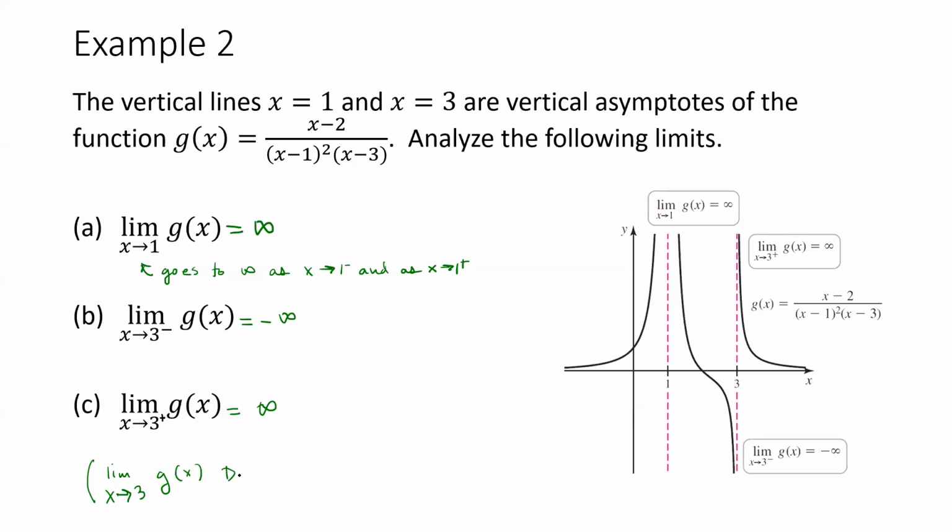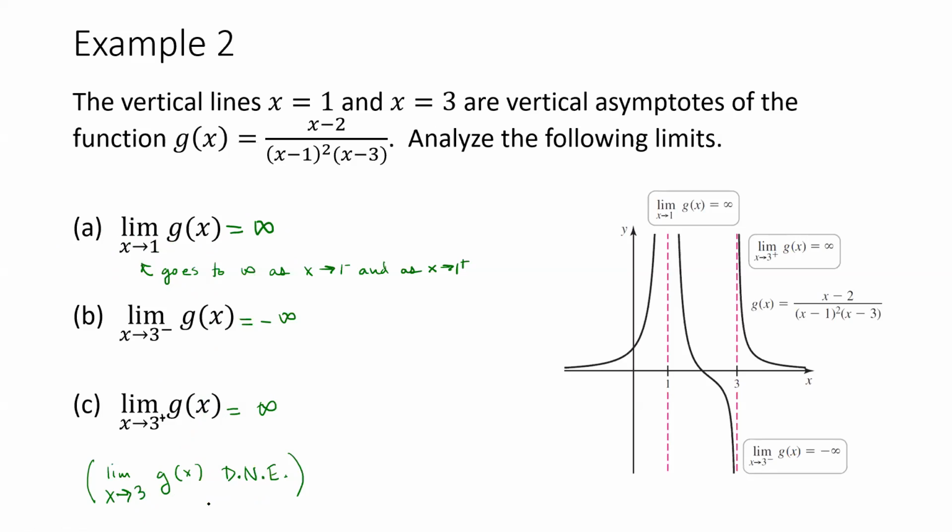So you could just say it doesn't exist, because positive infinity and negative infinity are different types of infinity. If they were both going to the same type of infinity, then you could say that this is equal to infinity, like what we said here. From the left and from the right, they're both going to positive infinity for part a. So we just said that this one's equal to infinity, but this one, from the left and from the right, they're going to different types of infinity. So we just say it doesn't exist.